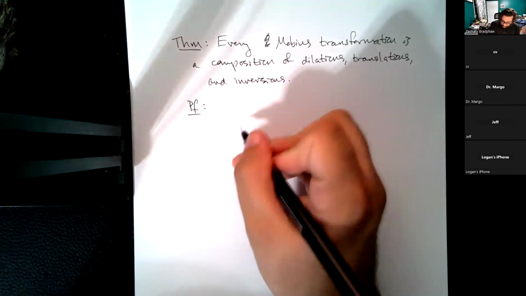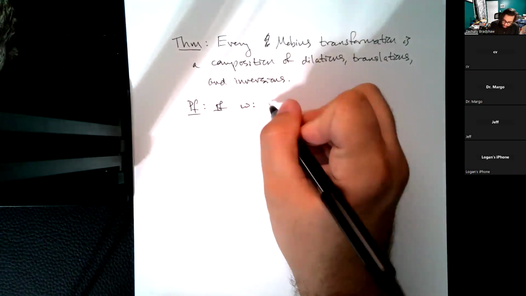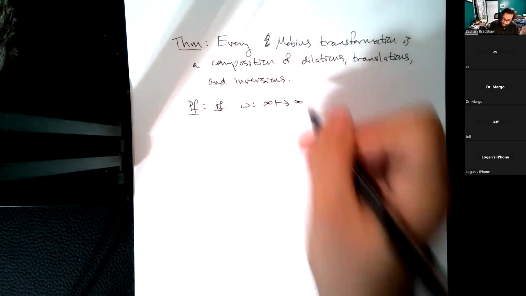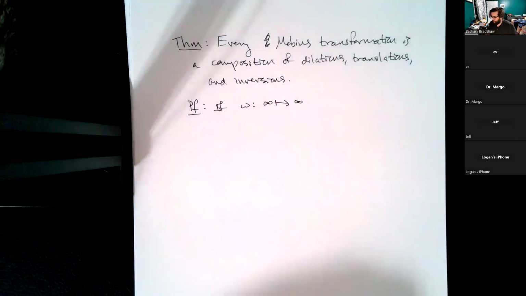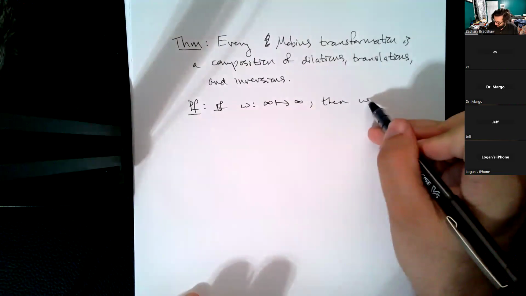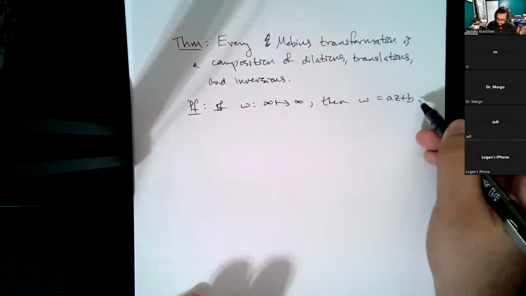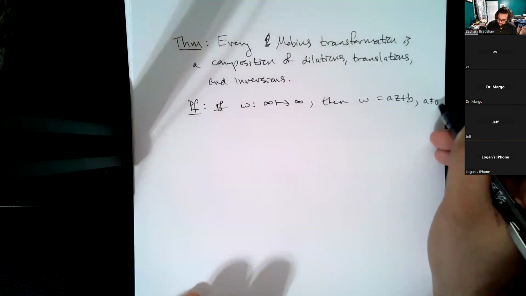So let's take as the first case, if w maps infinity to infinity, then the function is affine, with a not equal to 0.